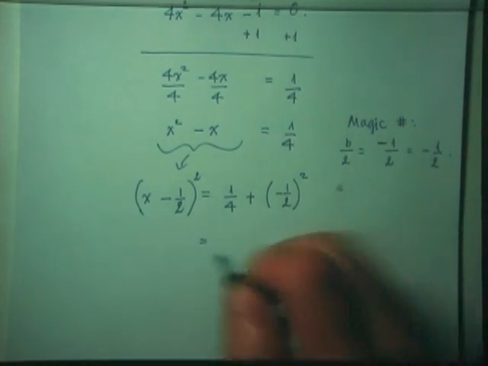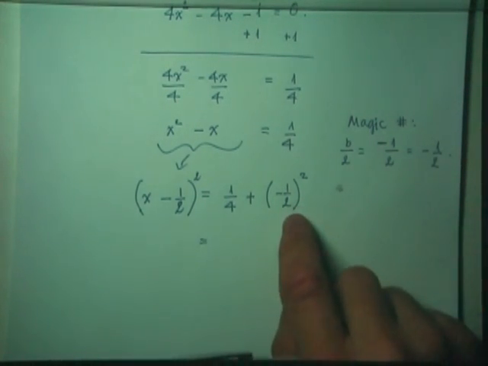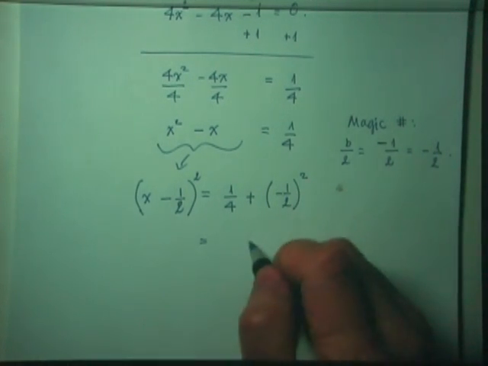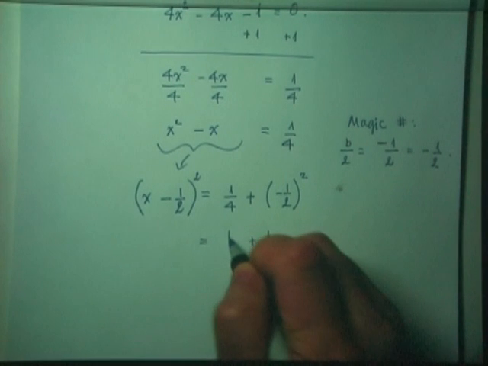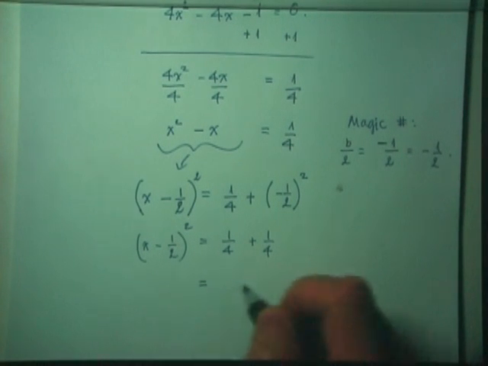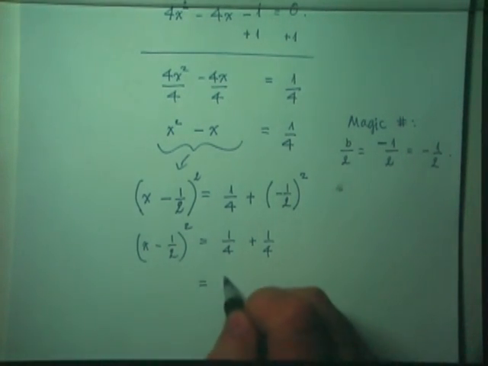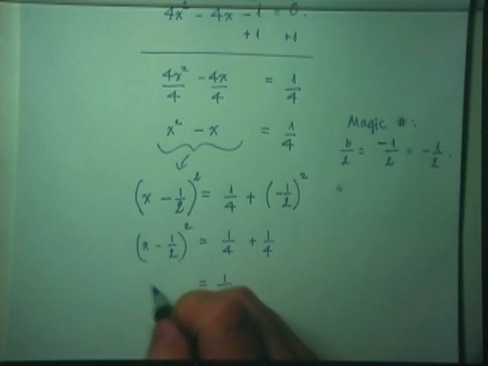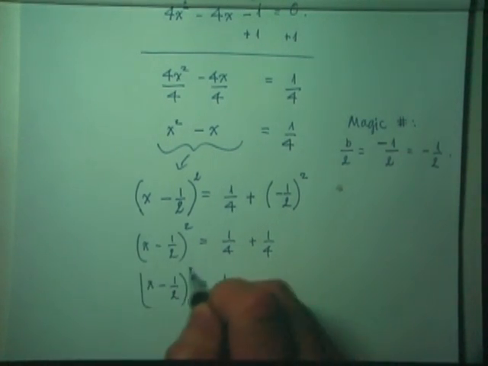And keep in mind, if you're not sure what fraction, once again, check with your fraction scale. But -1/2 all squared equals 1/4. So you have 1/4 plus 1/4. And so cleaning up my equation, I have here 1/4 plus 1/4 is the same as 1/2. And my equation is x minus 1/2 all squared equals 1/2.